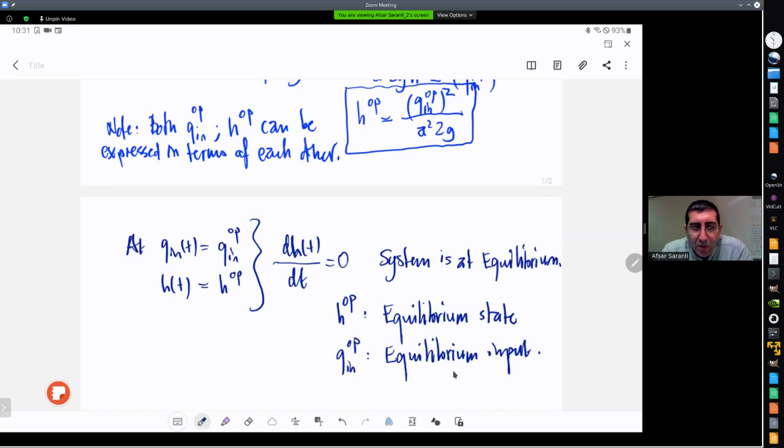Now, in previous years, we had an experiment in 302 where you have an arm moving up and down around a pivot point, and we had a propeller mounted at the end of this arm.